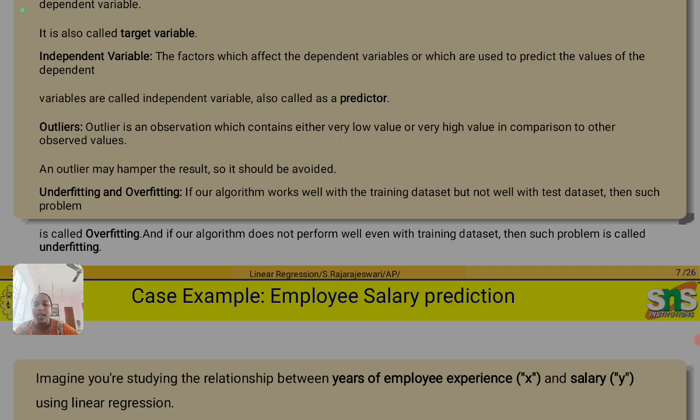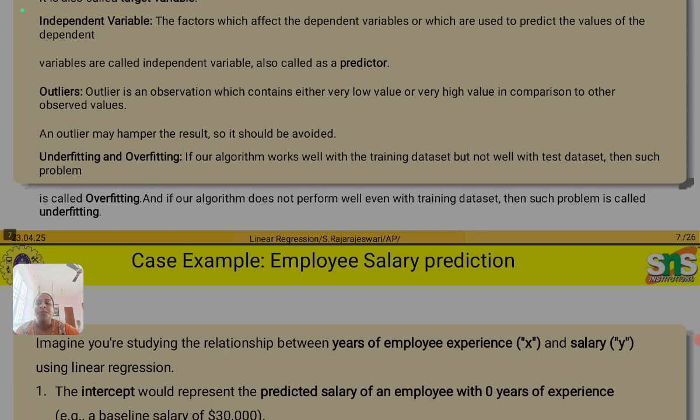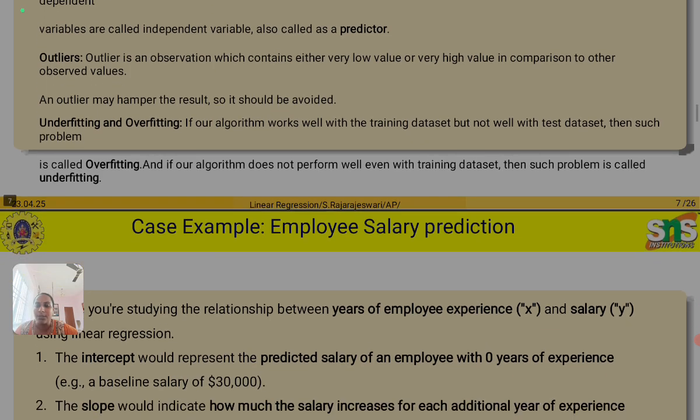And if our algorithm does not perform well even on the training data sets, then such a problem is called underfitting. So this is the basic difference between overfitting and underfitting.